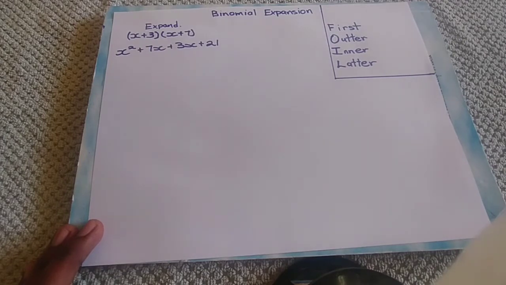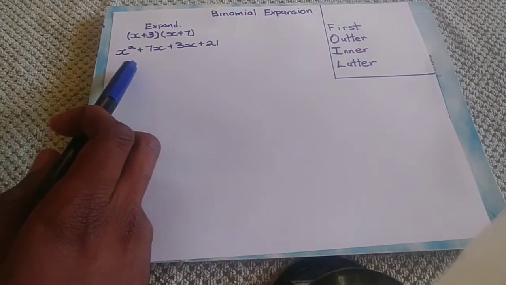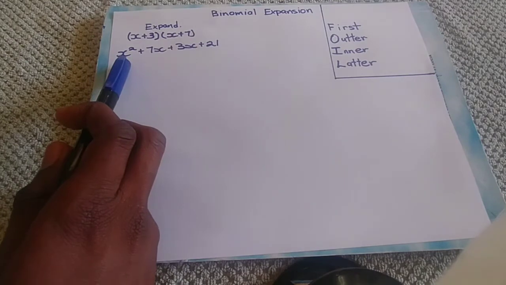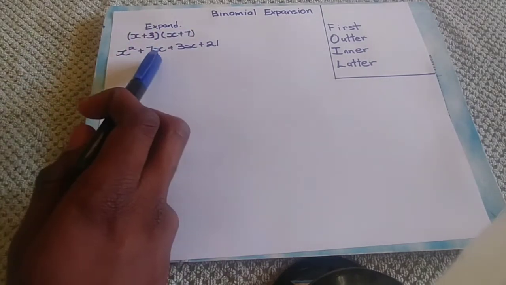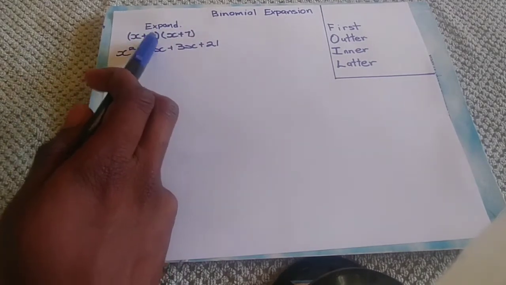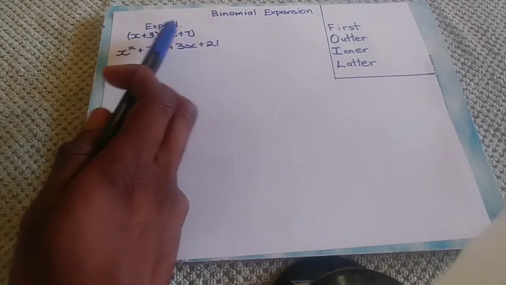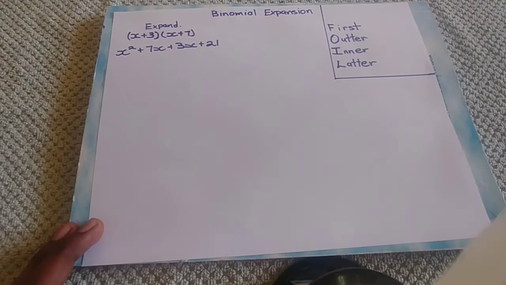When we use this method, the first is x times x, x squared, outer, x times 7, 7x, inner, 3 times x, 3x, and last, 3 times 7, 21.